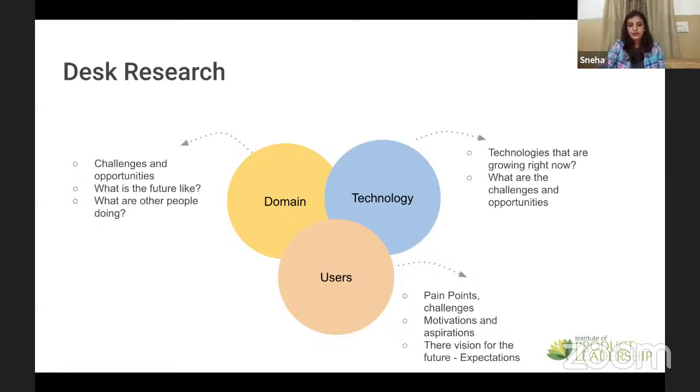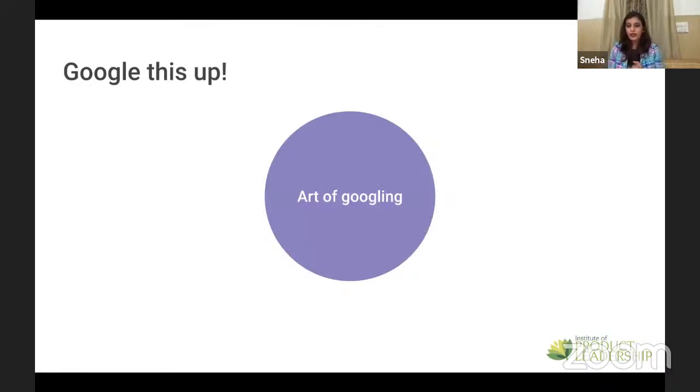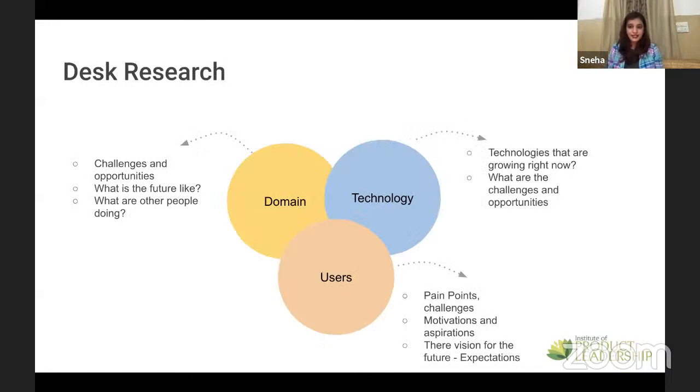With desk research done, there is one very important thing that you all need to do. You're going to see a few slides which just show up like this, and I'm calling it Google this up because I want you to find out a little more about the concept. The art of Googling is a very, very interesting concept. And if you want to ace desk research, this is your key fundamental.